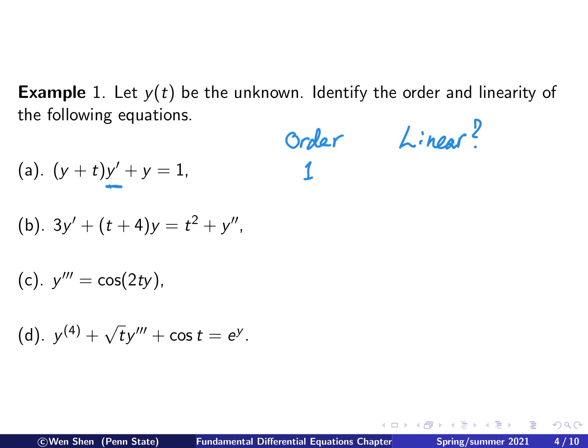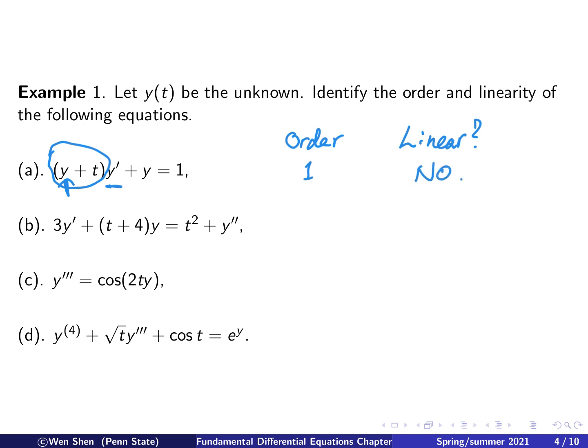Well, all the terms involving y or y prime should be multiplied by terms that do not involve y. Let's look at the term that's multiplying y prime. Does it involve y? Yes, it involves y. So this cannot be linear. So no.